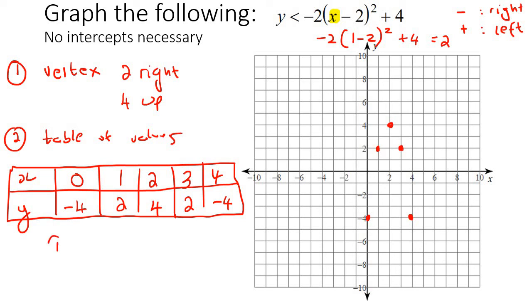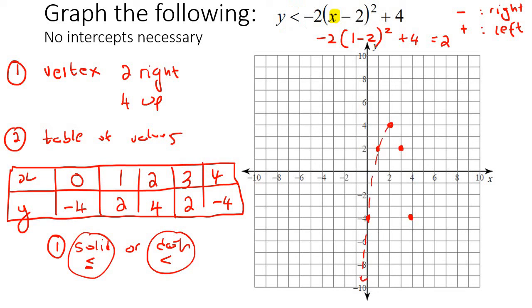Those are the two things we need to quickly check. So let's see whether we're going to use a solid or a dash. How do we do that again? Well, we look at the symbol over here. If it has a little line underneath, then it's solid. If it doesn't, then it's a dash. So this one's definitely a dash.